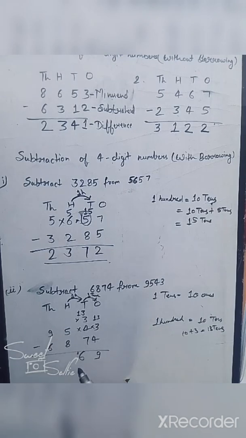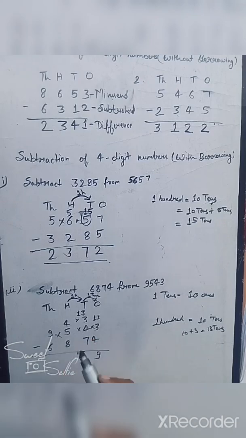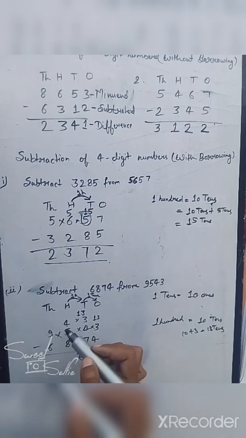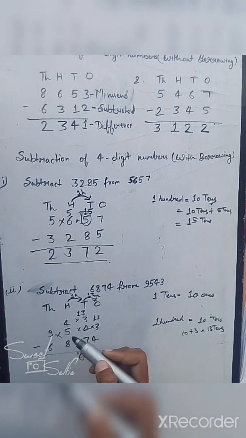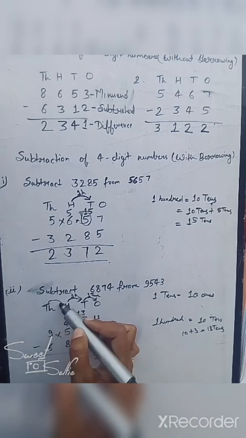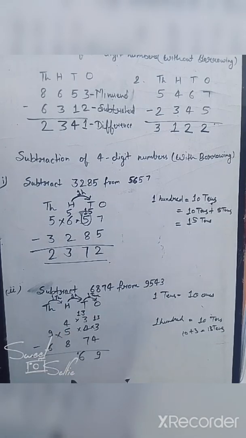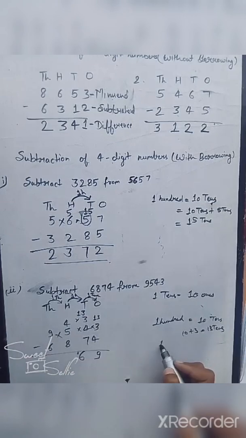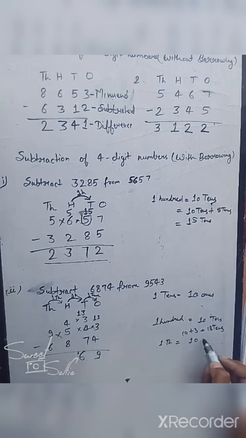And at hundreds place we are left with only 4. And now we have to subtract 800 from 400. So it is not possible. Then it will borrow 1000 from the thousands column. 1000 is equal to 10 hundreds.